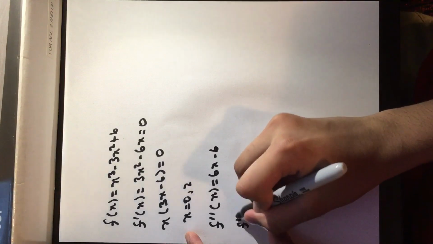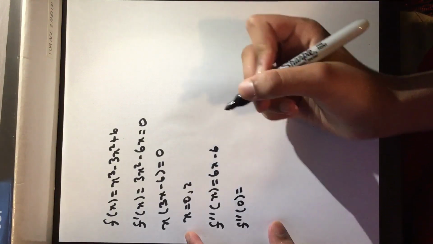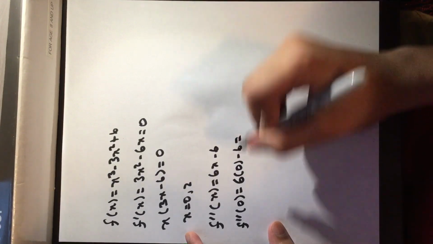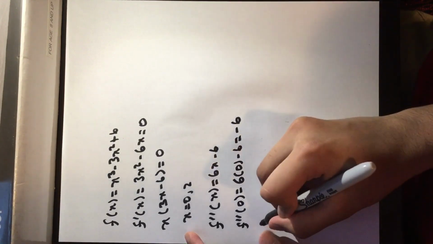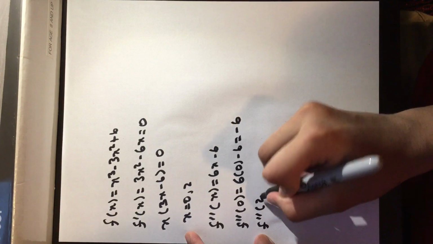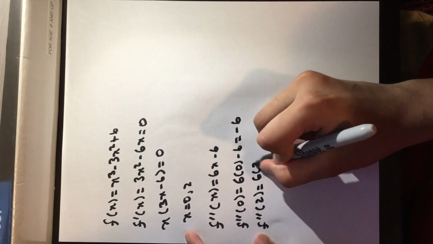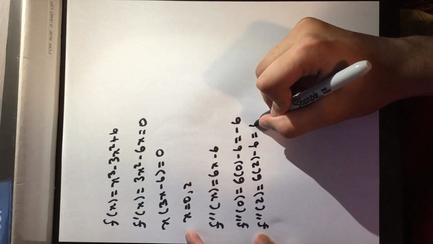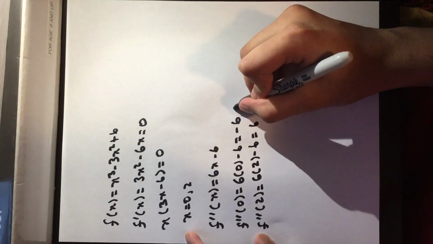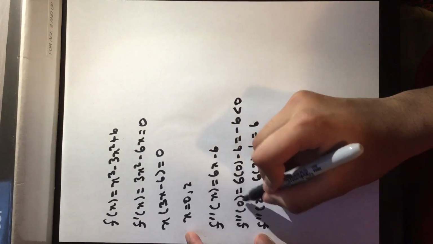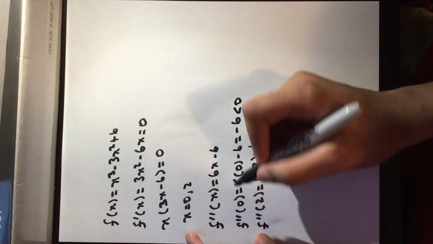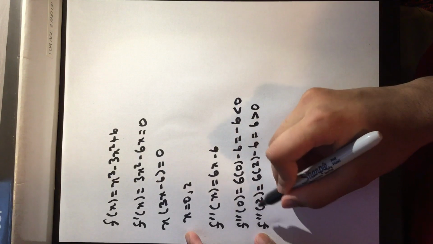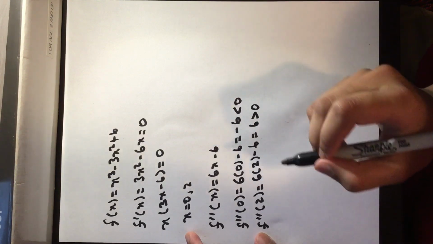So f double prime of 0 is equal to 6 times 0 minus 6, which is simply negative 6, and f double prime of 2 is equal to 6 times 2 minus 6, which is equal to 6. Since negative 6 is less than 0, we know that for x equals 0, there is a maximum. And since 6 is greater than 0, we know that for x equals 2, there's a minimum.